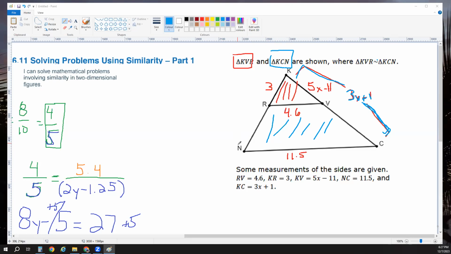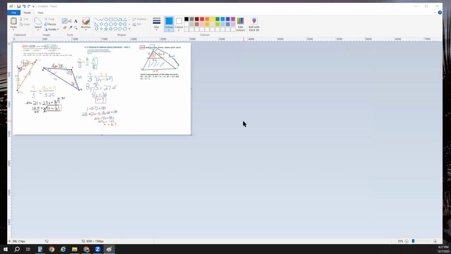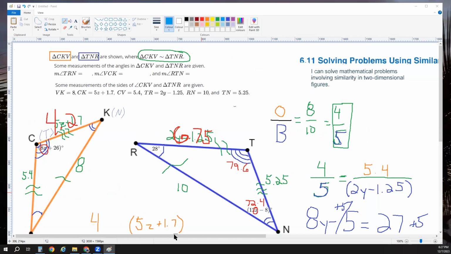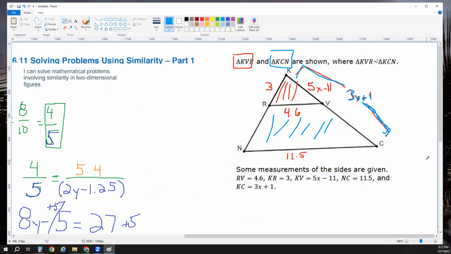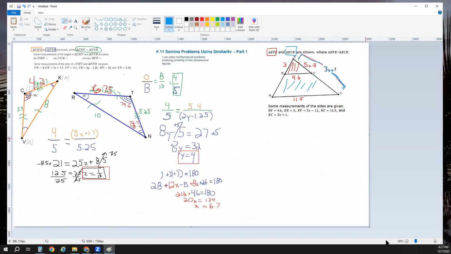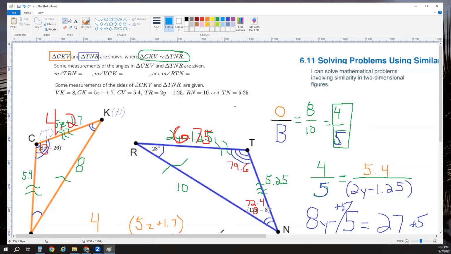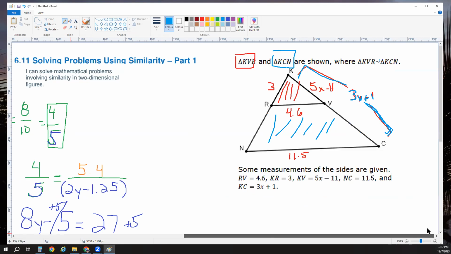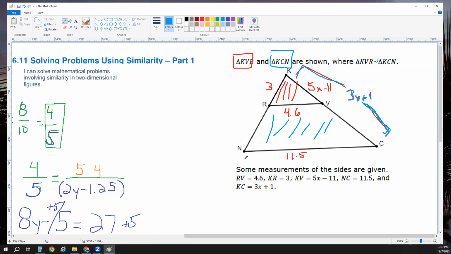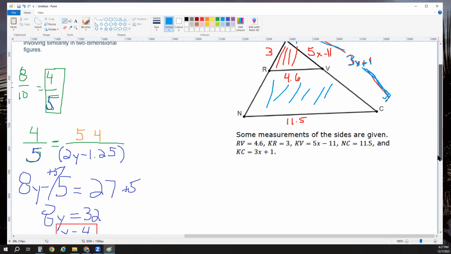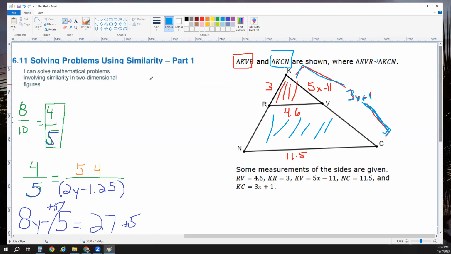Okay, so first thing I'm going to do is zoom in and give us a little bit more room. Okay, so first thing I want to do is determine what the proportionality is.